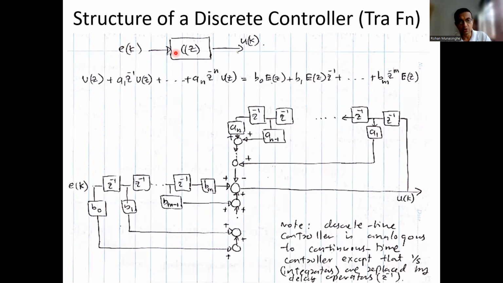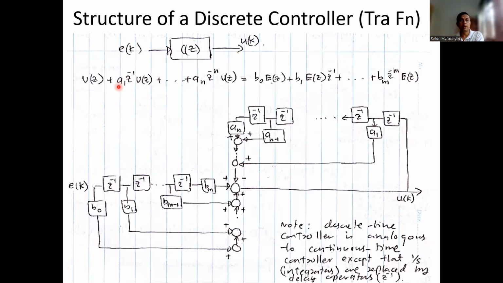Analogous to the continuous time controller, okay? I think this is pretty obvious for you. The error goes in from the left-hand side, right? And there are a series of z to the minus 1s. You can see it over here, z to the minus 1, z to the minus 2, and so on. Every time you go through a z to the minus 1 block, you have to multiply with a constant A1, A2, and so on, and then add them together.